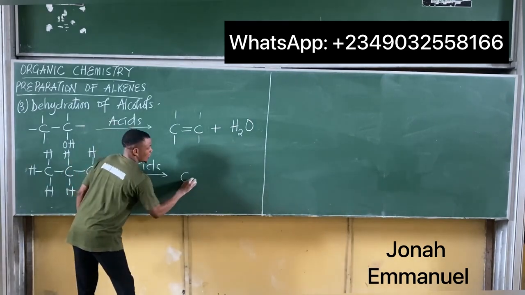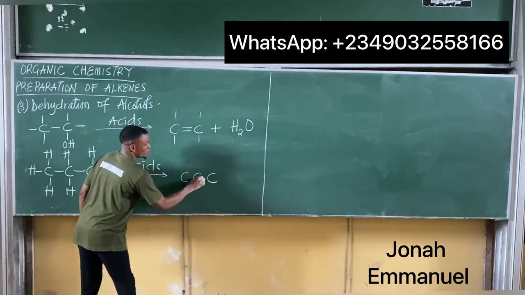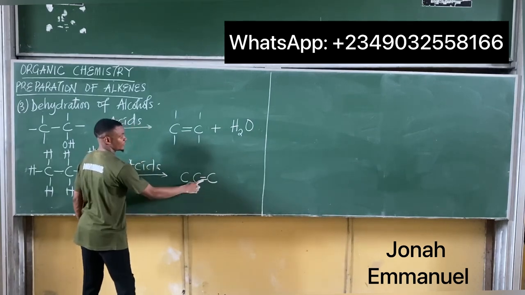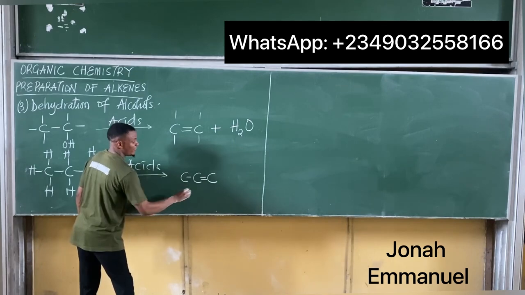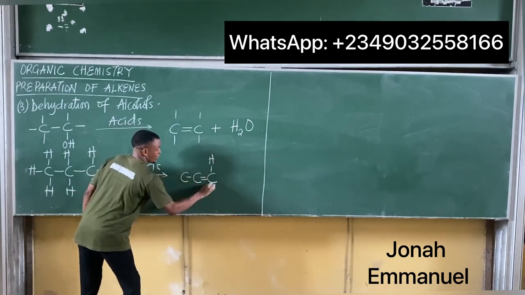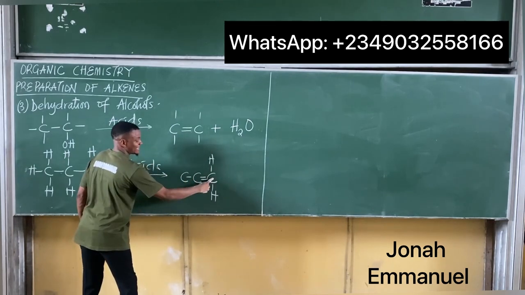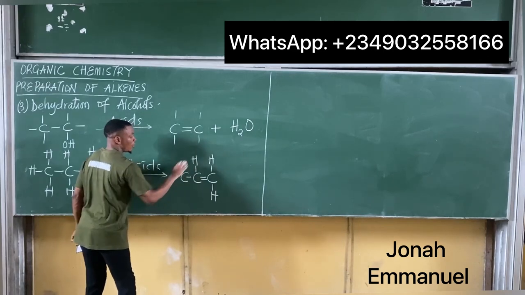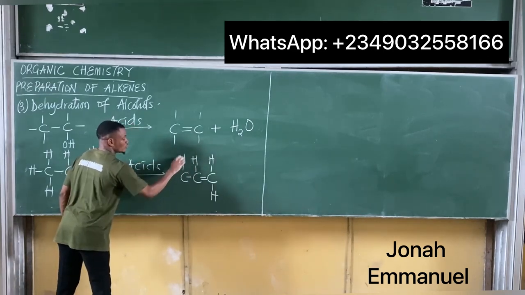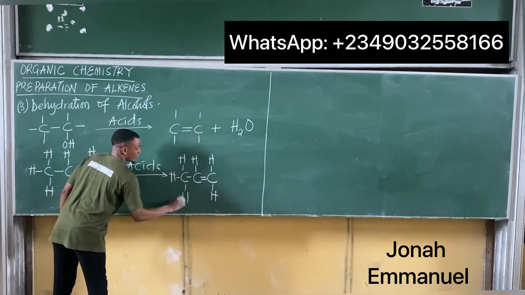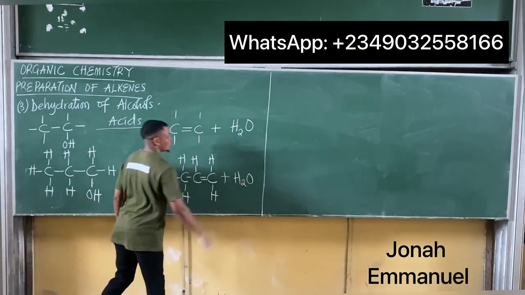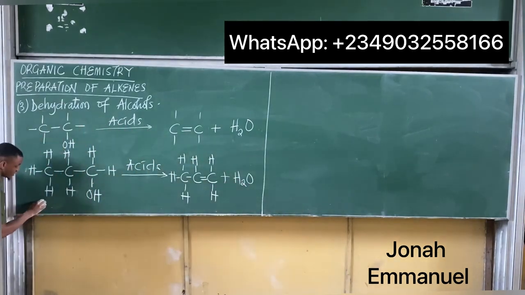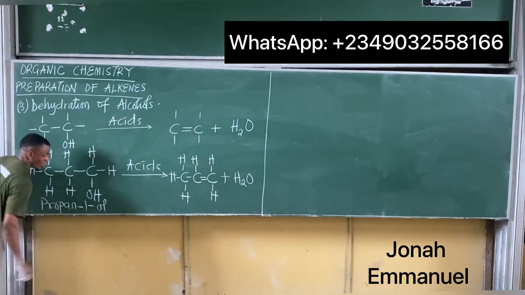So I'm having 1, 2, 3. Put my double bond, of course, for the alkene. Put single bonds. Complete the structure. Balanced. Plus H2O. So this is an example. What I have here is propan-1-ol.